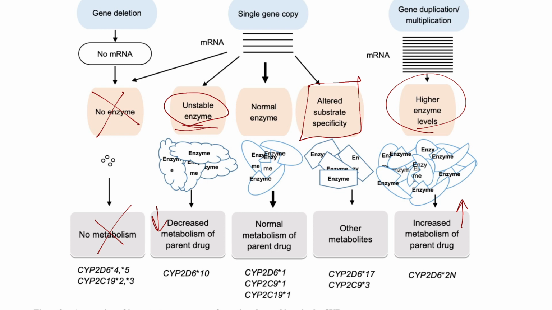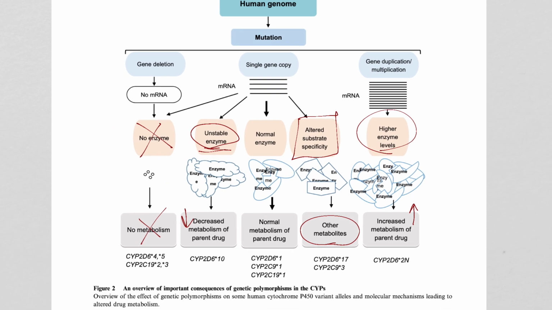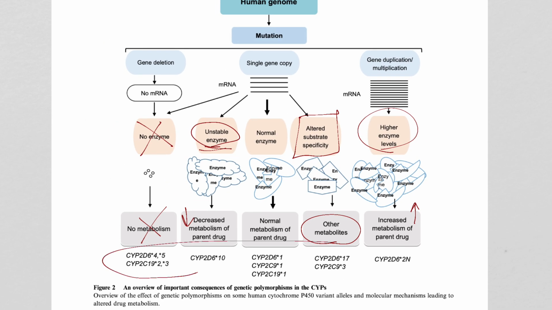And so in this case, it could eliminate some drugs as being recognizable by the enzyme, and it could add some other drugs by modifying the shape of the active site where those drugs stick to the enzyme, right? And then these examples down here, CYP with these designators after them, those are just specific SNPs that they're using as examples of those particular categories.